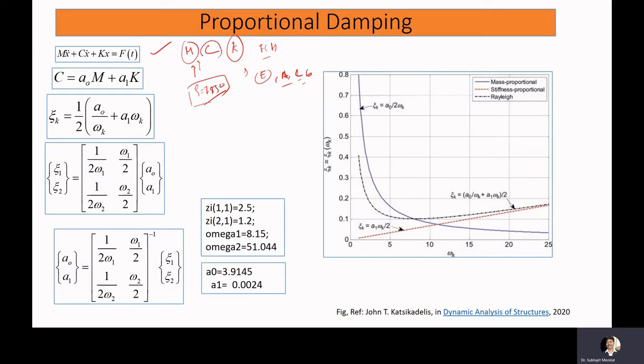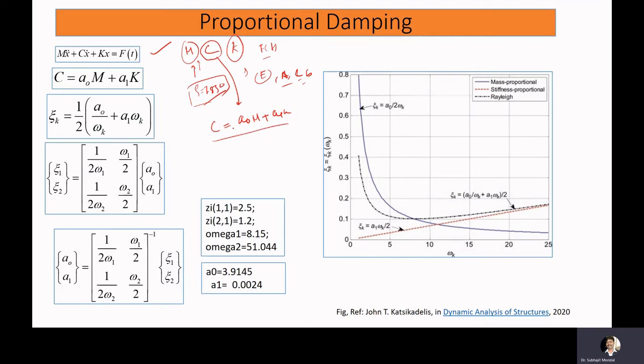But you observe that we do not have any generally available damping model. So what we used to do, we used to assume the damping matrix as a function of A0M plus A1K.